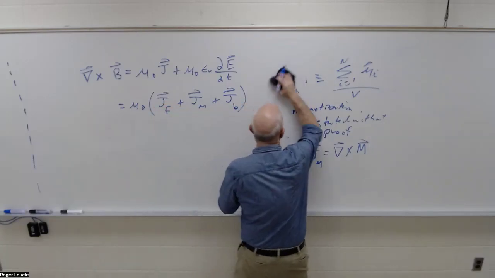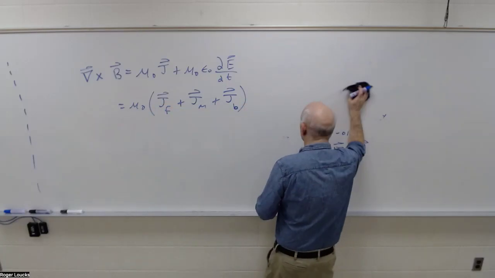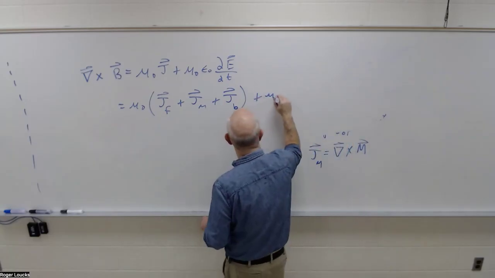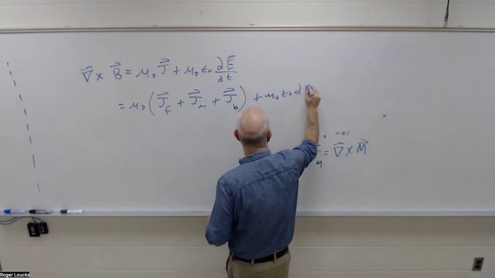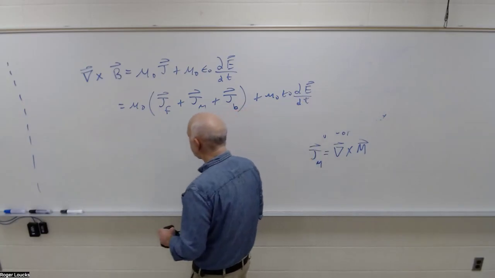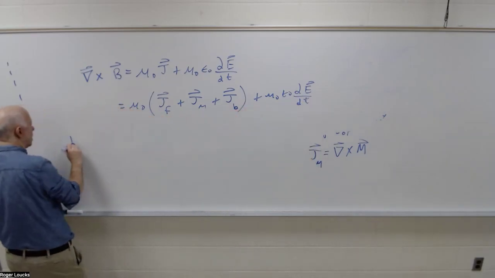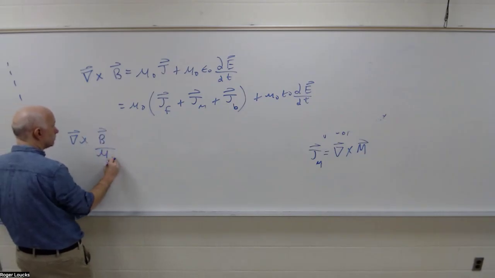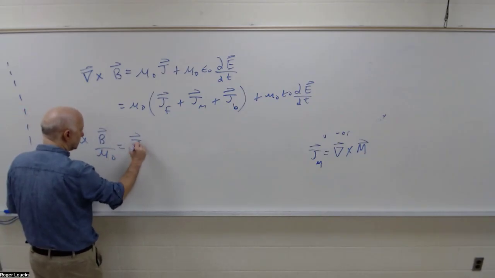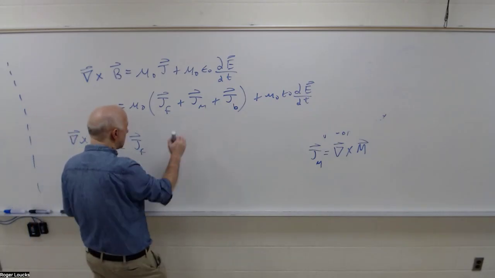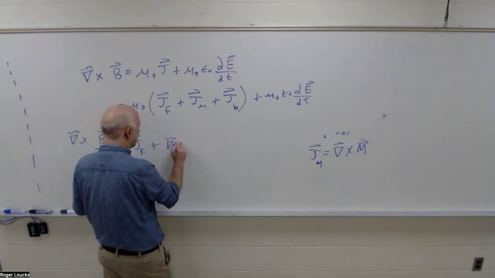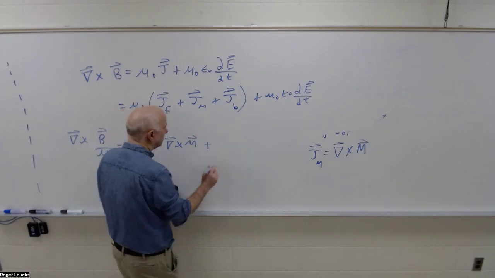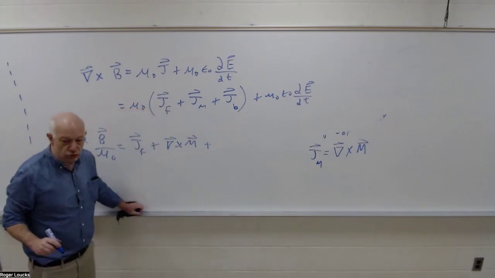And then this is our mu naught epsilon naught partial of E with respect to T. I'm dividing through by the mu naught, and that gives me this. Look at this J free. Our J_m term becomes a curl of M. I stated that without proof, but I'm going to give you a proof for the J_b.